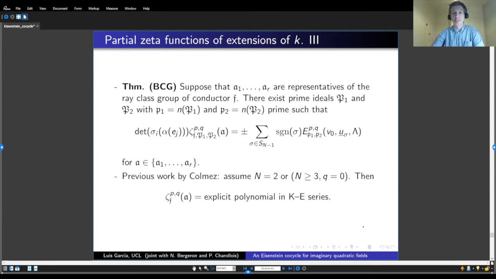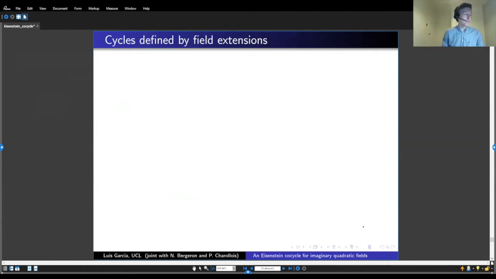So this is the generalization I was talking about before. This is valid for all weights p and q. Okay, so let me explain briefly how one proves this theorem and why one needs a second smoothing.